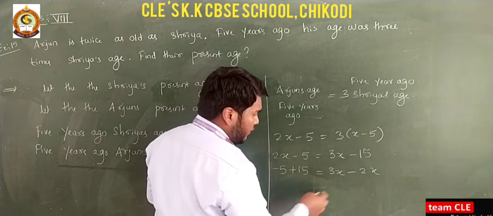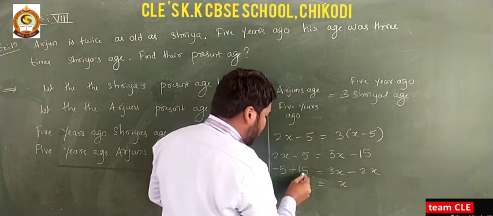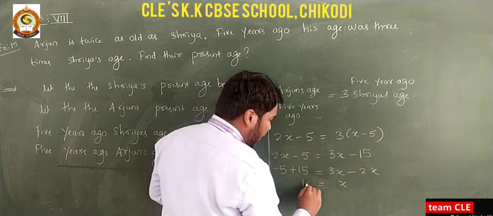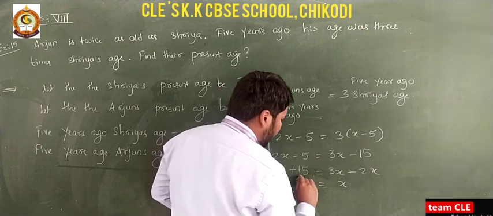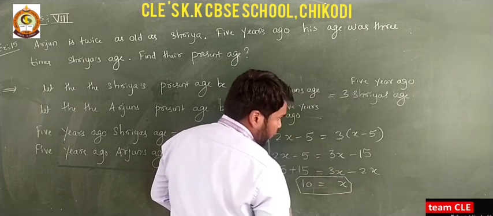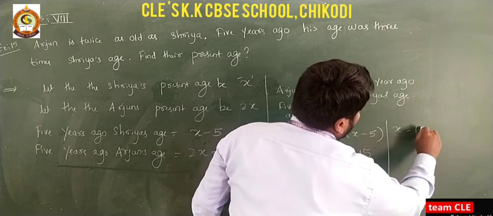So 3x minus 2x is x, 15 minus 5 is 10. By seeing the greater number we keep the sign, so x is equal to 10.